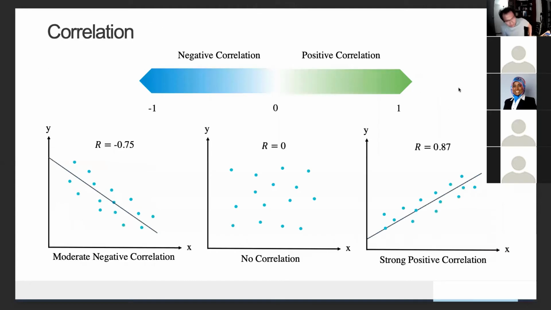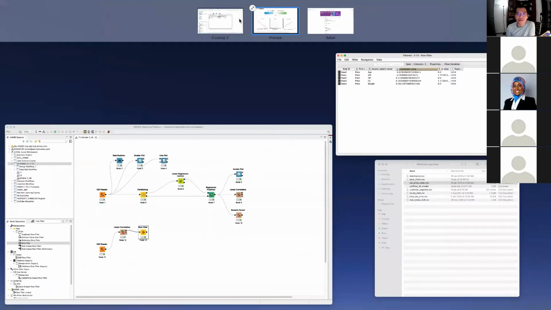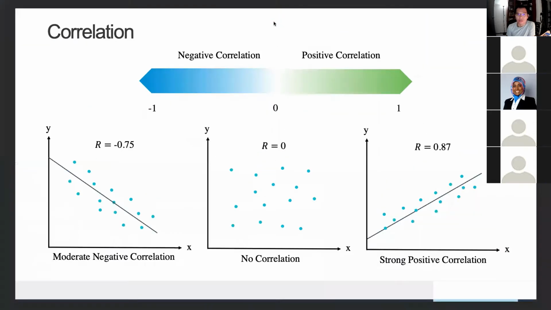Okay, let me talk about the correlation first. Dia ada dua tab. Okay, so you see here the correlation, dia bukan R squared. Okay, correlation is different things. The value of correlation ranges between -1 and 1.